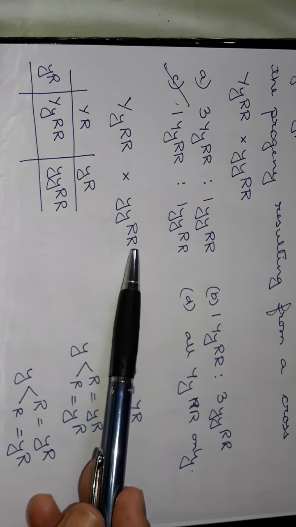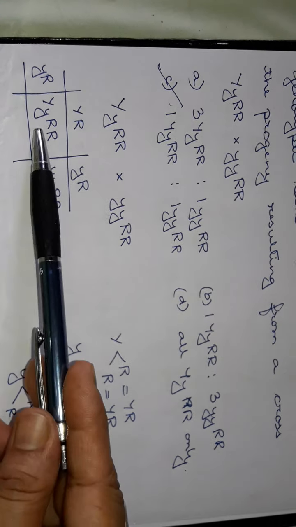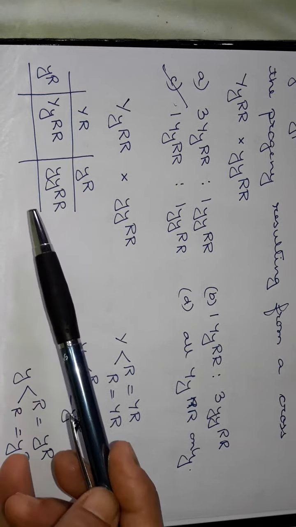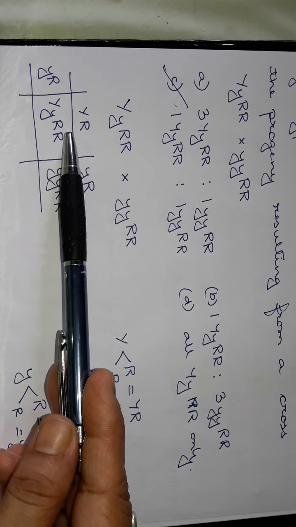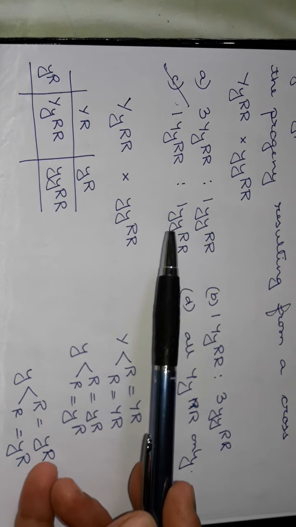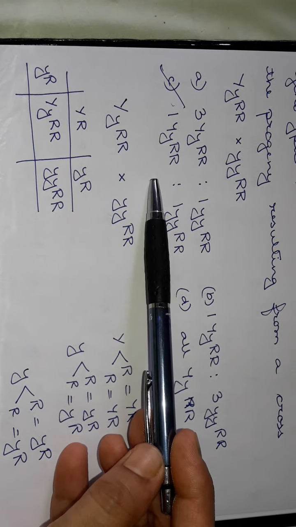And from the other type of parent, only small y and capital R gametes will be obtained. So we will prepare a Punnett square. What happened? We are getting capital Y, capital R, and small y, capital R in the ratio 1:1.